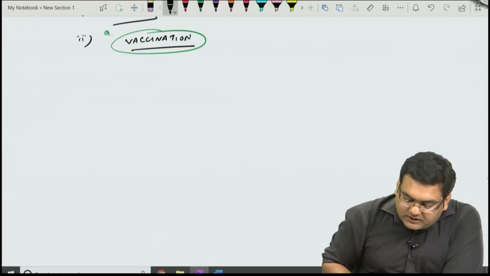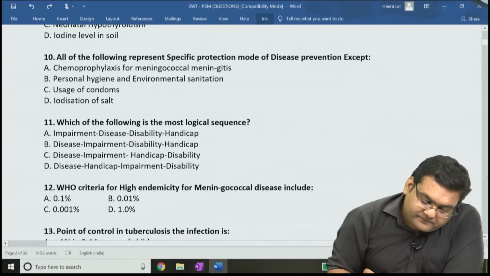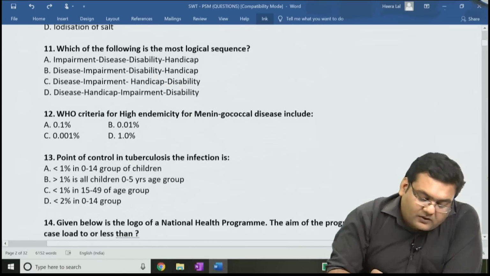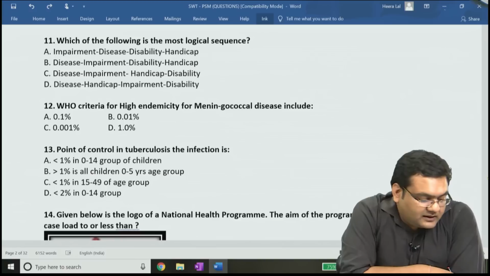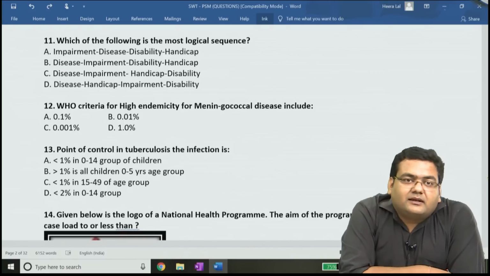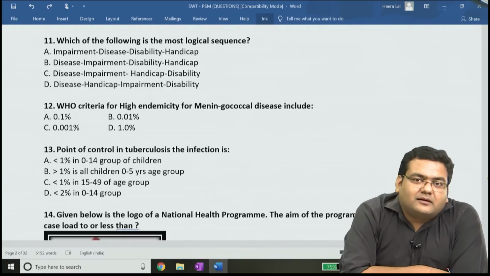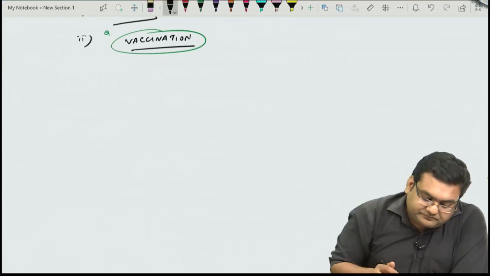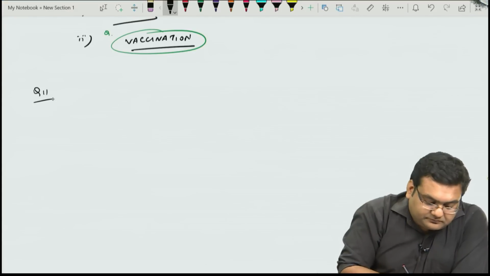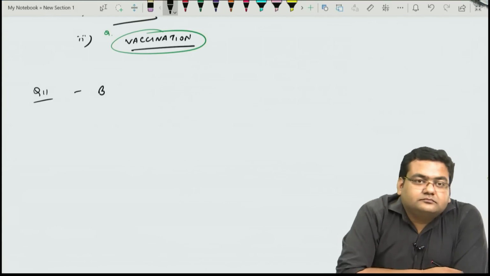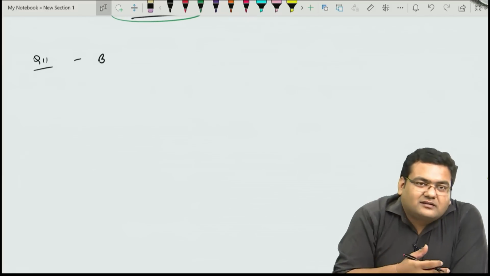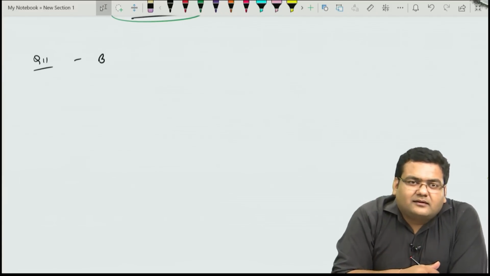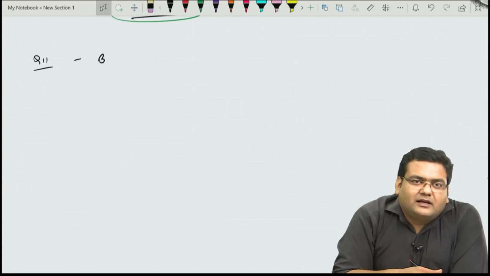Coming to the next question. Question number 11. Which of the following is the most logical sequence? The correct answer is option B, that is disease, impairment, disability and handicap. Now let us try to define all these things and understand it with the help of an example.